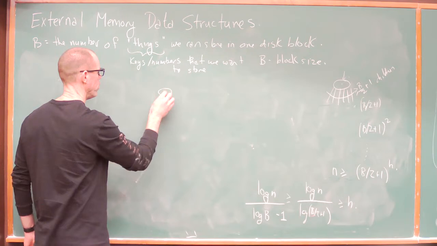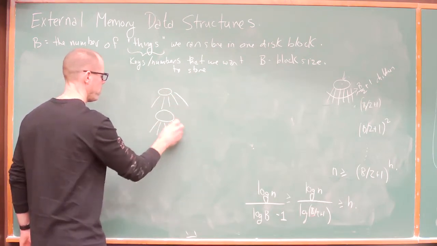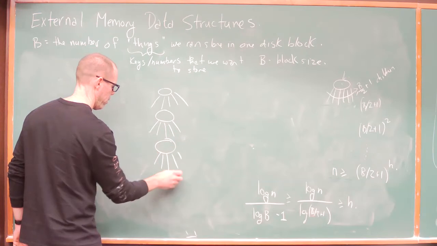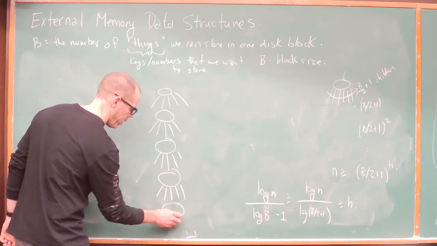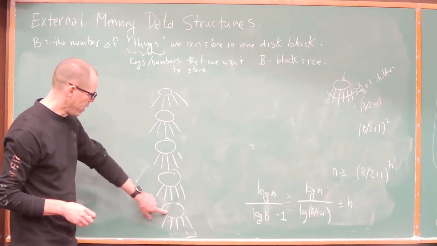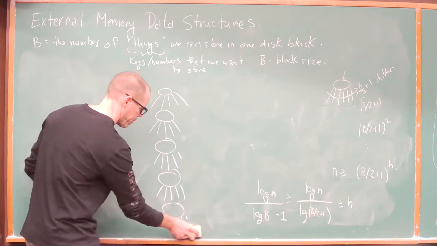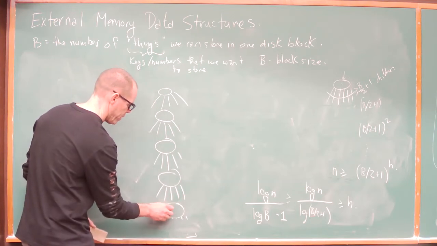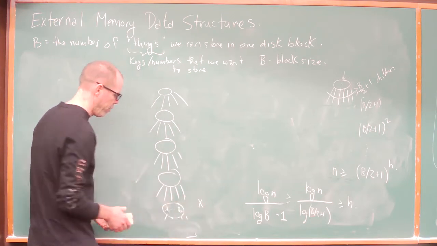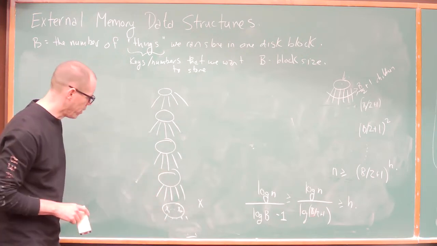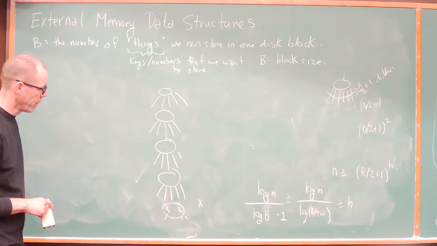When I want to, let's say, add something to this tree, I search for it, and I find some leaf node with some values in it, and the thing that I want to add fits somewhere in that leaf node. So it should go in this leaf node.